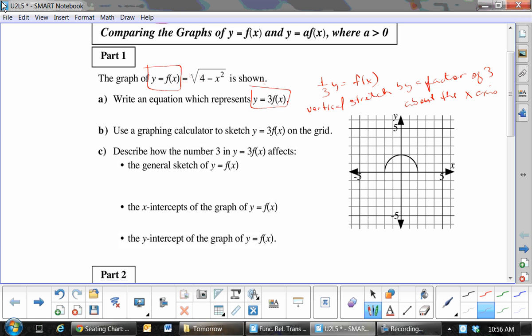So, what do we have to remember? If it's y, it's vertical. By a factor of the reciprocal of the equation. Words are always the reciprocal of the equation for stretches.